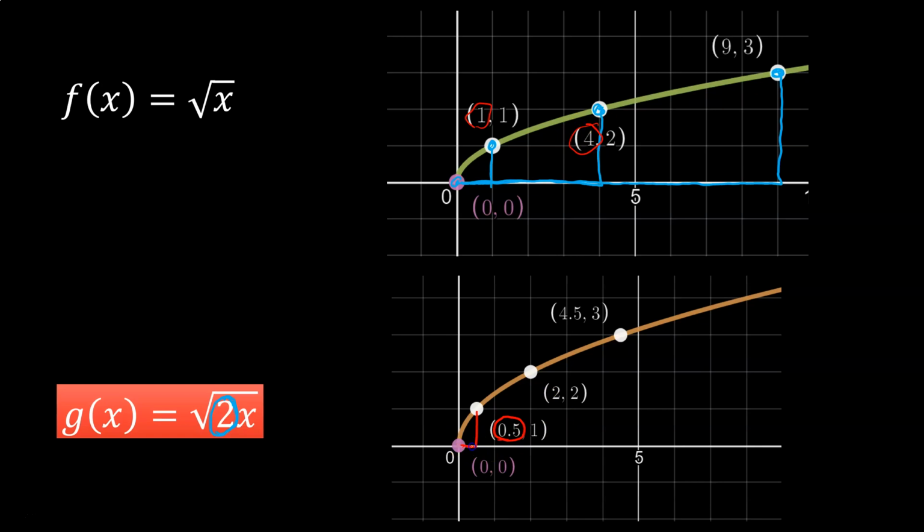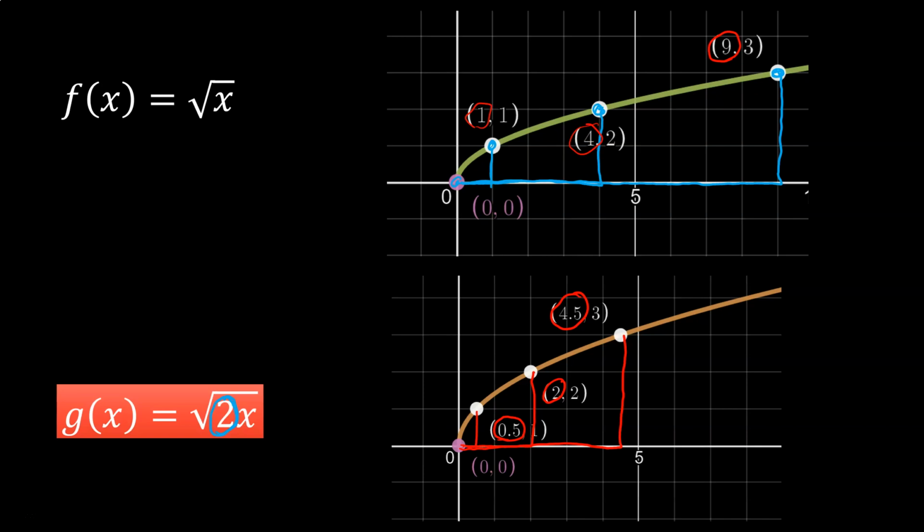New point is over 2 up 2. The x value is only half as much. Okay, the fourth point here is 9, 3, because square root of 9 is 3. Here in the new graph, we are only going over 4.5 up 3. So the x value is half as much.